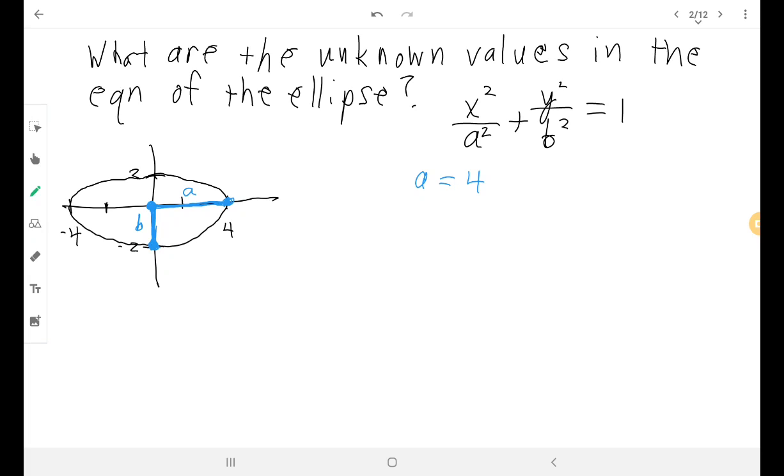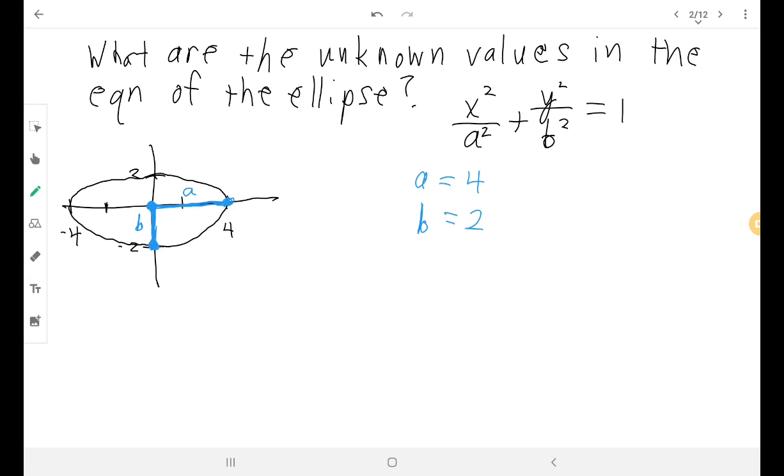So a is the longer one. Now, ellipses can be like that, and in that case, this is the a distance, this is the b distance, just so you're aware. Okay, so ellipses can be either one. And I think you can tell that the b distance there is 2.